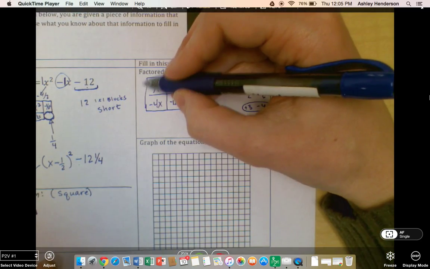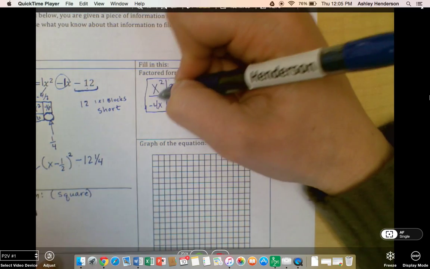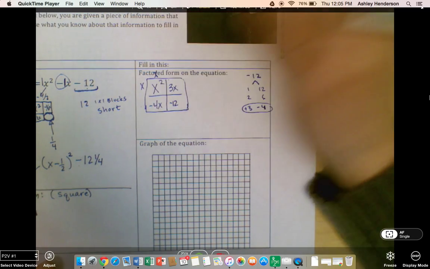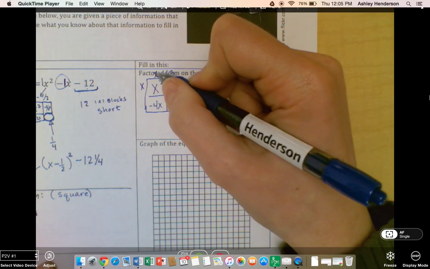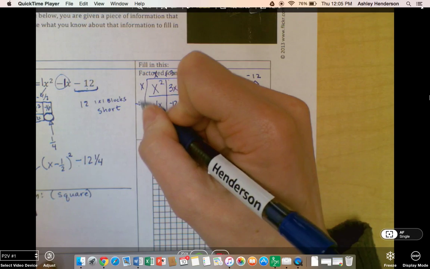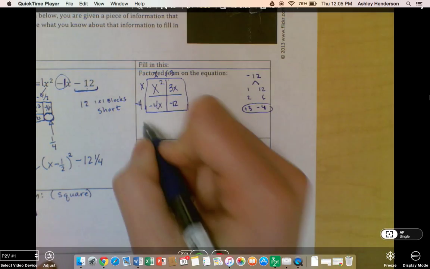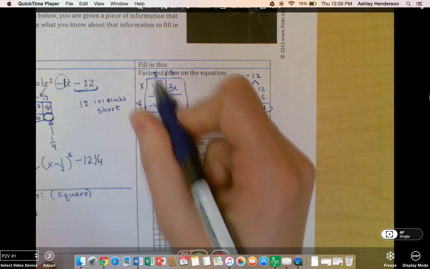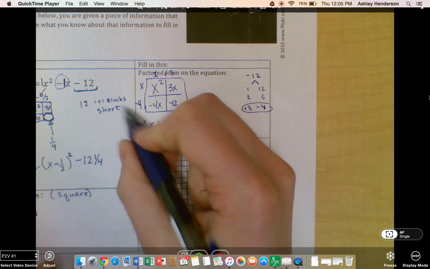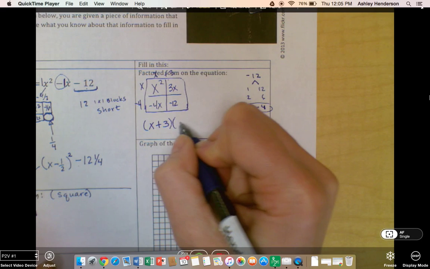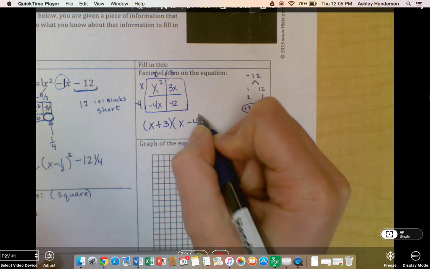Now I just need to figure out what the dimensions of the box are. x by x would give me x squared. x times 3 gives me 3x. x times negative 4 gives me negative 4x. So factored form is when you're highlighting the dimensions of a rectangular box that create this area. x plus 3 by x minus 4.